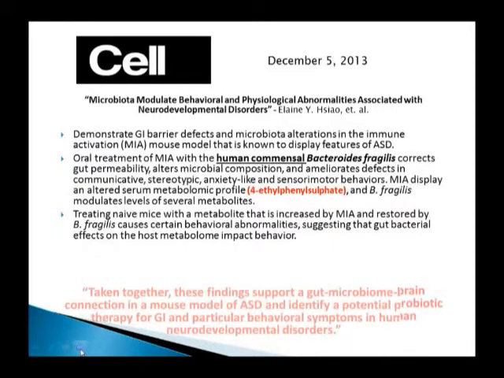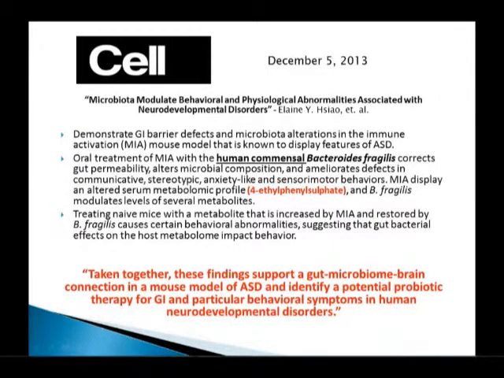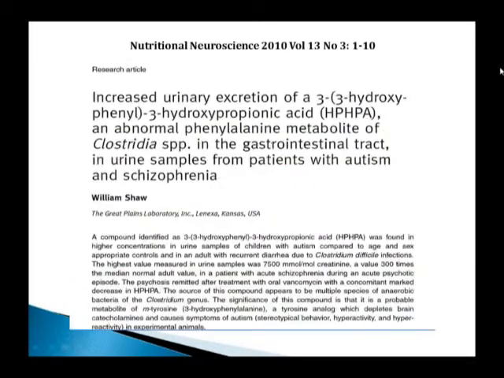Taken together, this suggests that the gut, its microflora, and the brain are connected, and that something like probiotics could potentially be useful to help turn things around. We're going to come back and talk about this paper a little bit more.